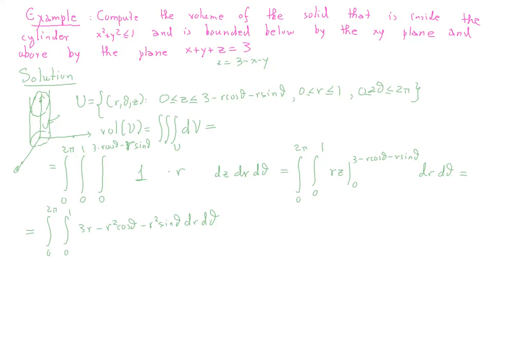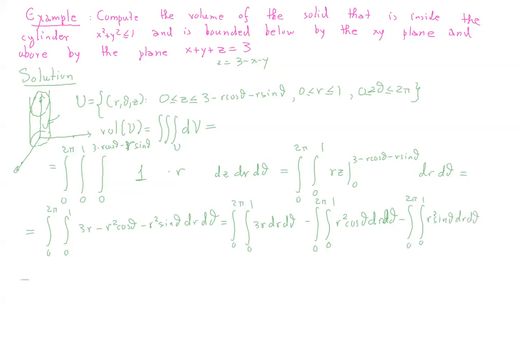So I can write this as the integral from 0 to 2 pi and from 0 to 1 of 3r dr d theta, minus the integral from 0 to 2 pi integral from 0 to 1 r squared cosine theta dr d theta, minus the integral from 0 to 2 pi integral from 0 to 1 r squared sine theta dr d theta.